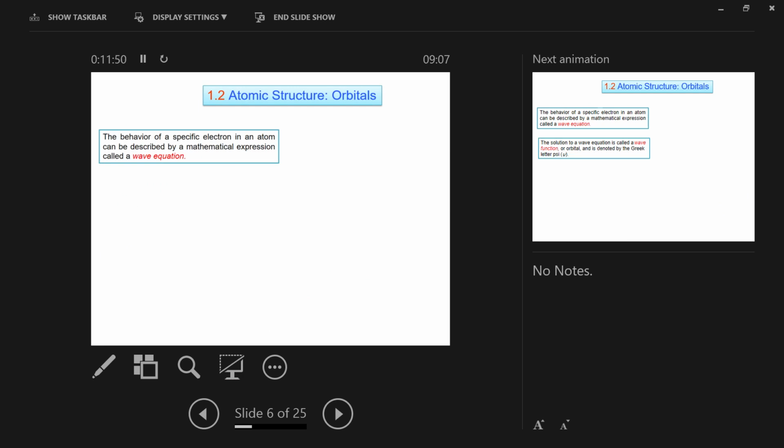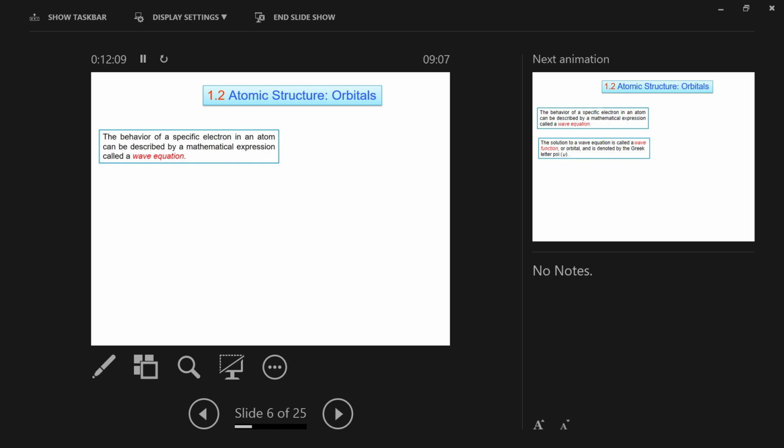Okay, then the electrons basically are included in an orbital. What is an orbital? An orbital basically is a mathematical expression, called a wave equation, that describes where the electron can be.